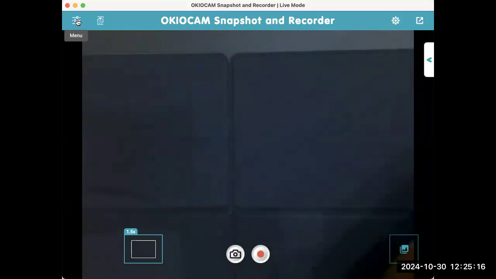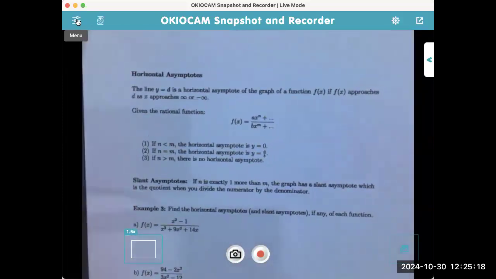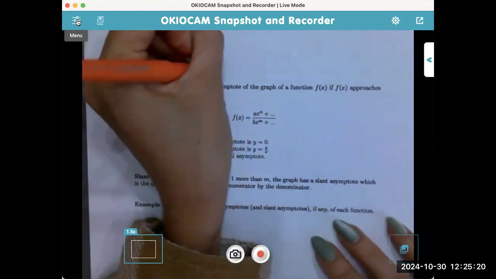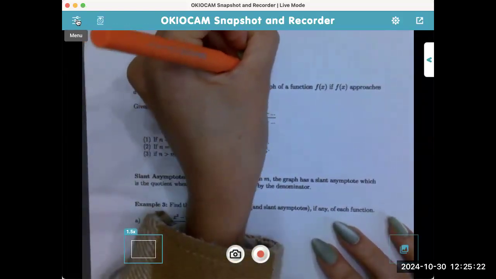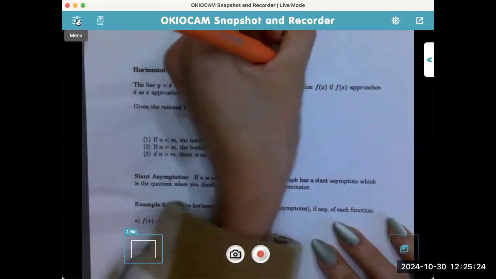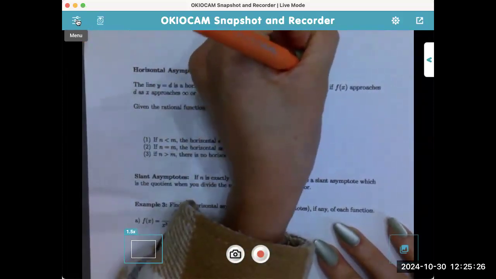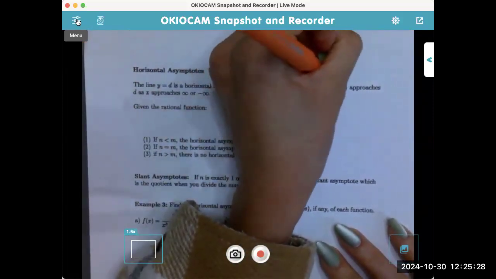Okay, horizontal asymptote, or end behavior, for rationals.